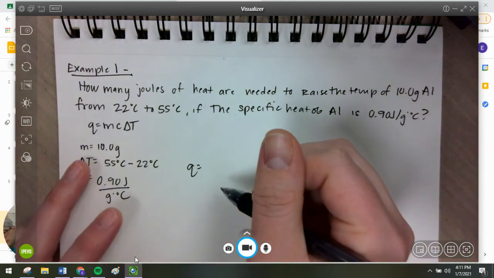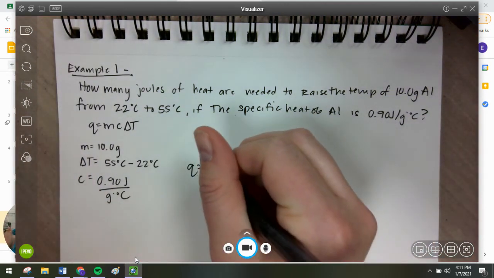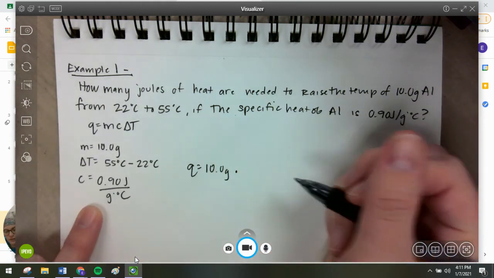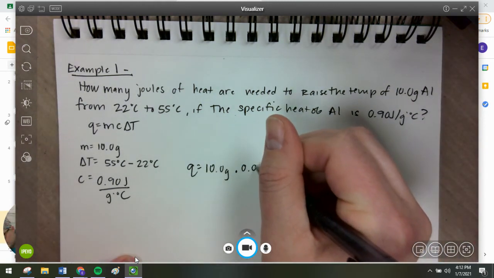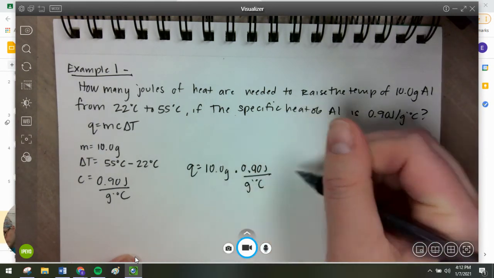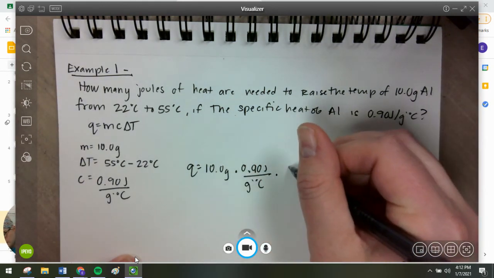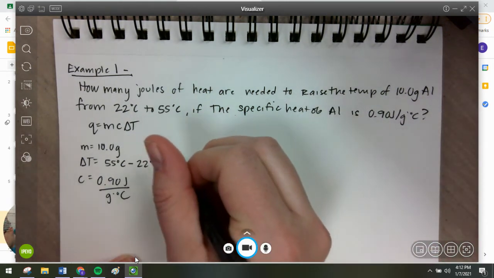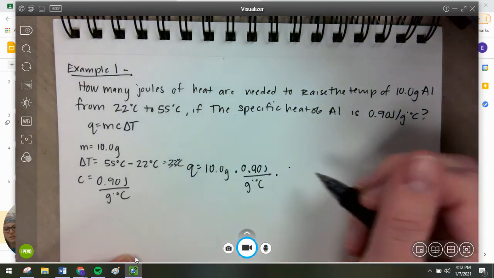And then I'm going to put these numbers in and plug and chug. So I've got 10 grams times my specific heat, 0.90 joules per gram degree Celsius, and then times my change in temperature, which was, got to do that math, 33 degrees Celsius, and it's positive.